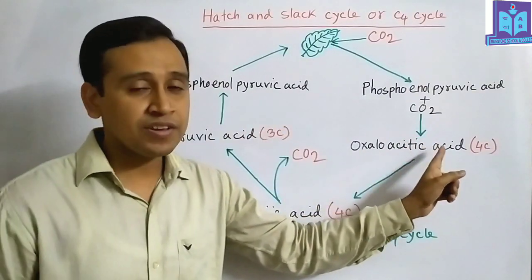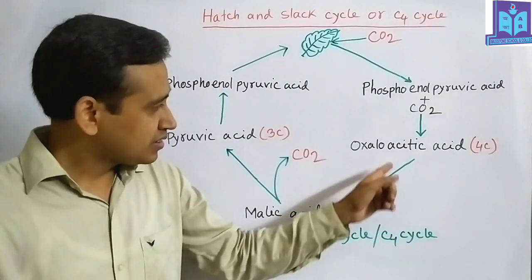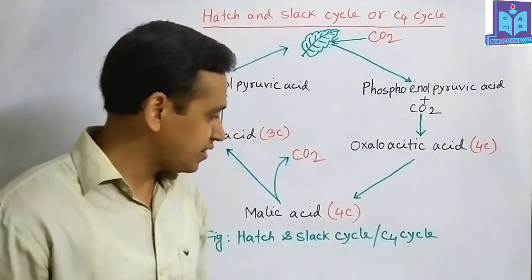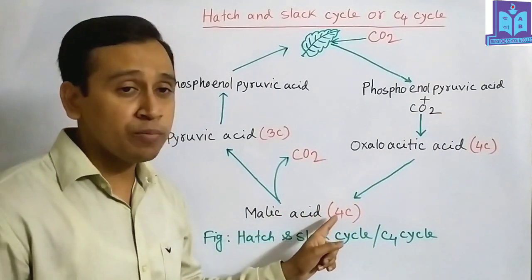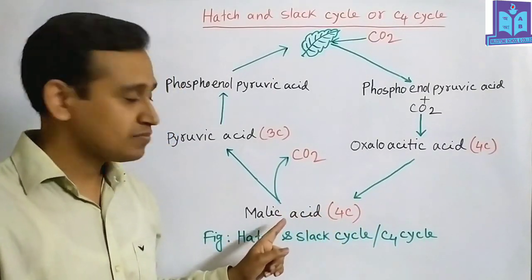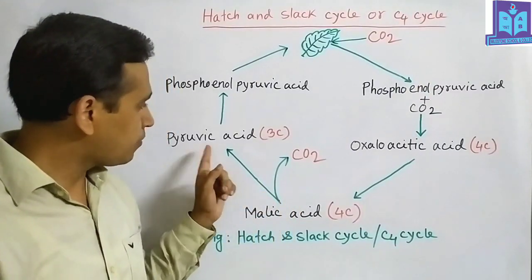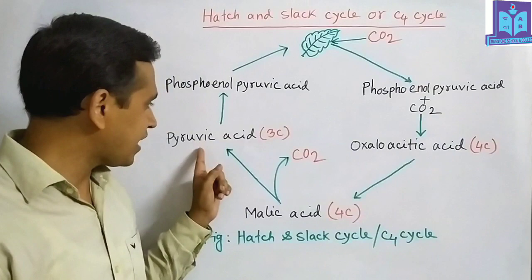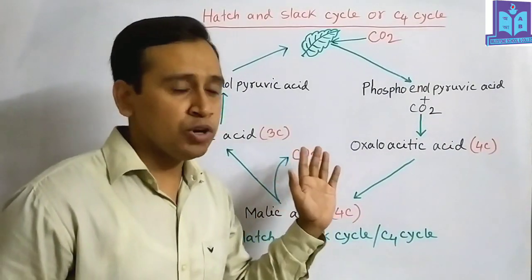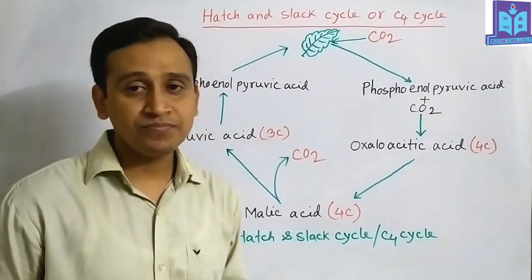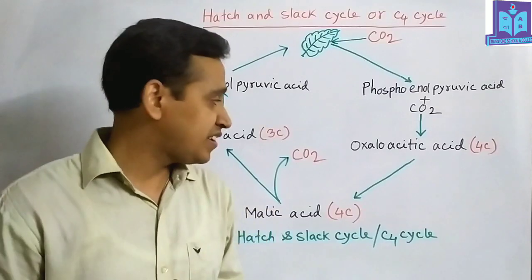So this is the first stable compound of this cycle. The oxaloacetic acid is converted into 4-carbon based malic acid. And from this malic acid, 1 molecule of 3-carbon based pyruvic acid is produced and 1 molecule of carbon dioxide is released, and this carbon dioxide enters into the C3 cycle.